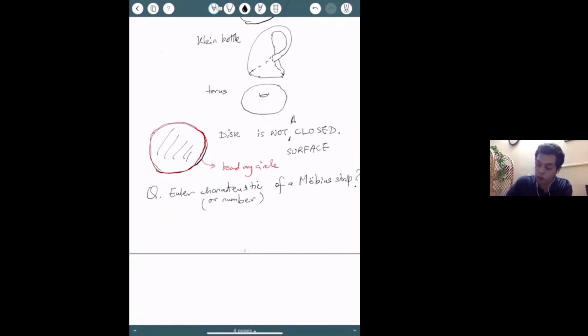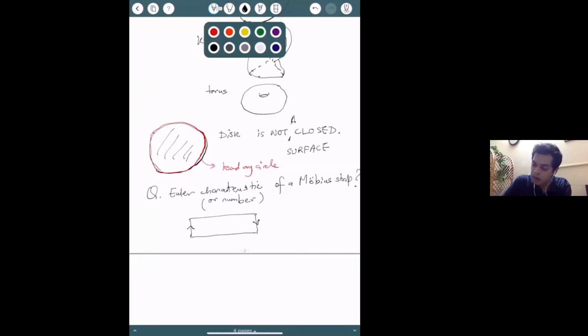So if you try it for a Mobius strip, here's my Mobius strip again, in this topological representation. All of these boundary edges should be part of the graph.